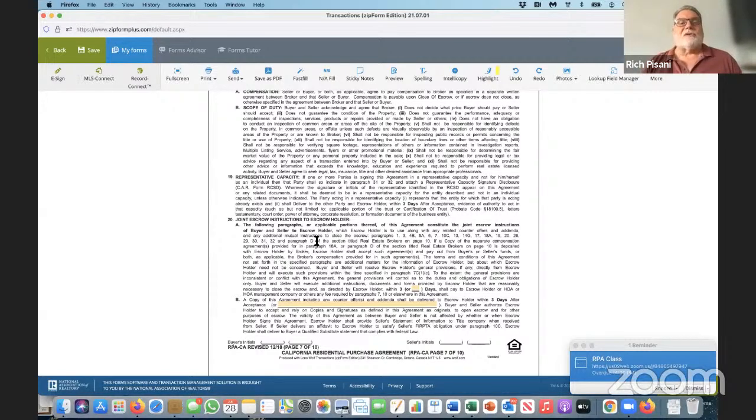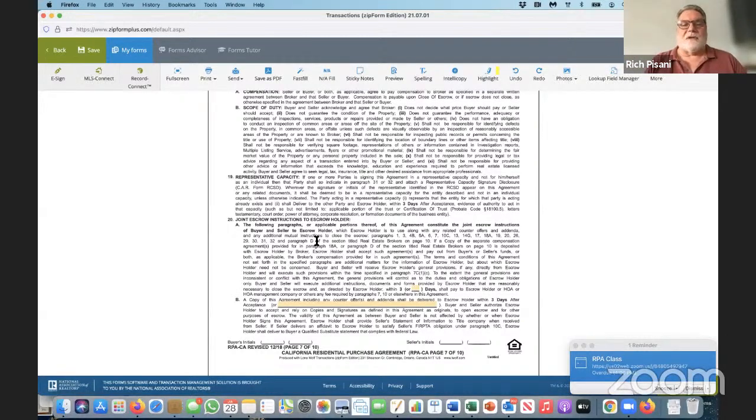And I want to make sure that you note that it may be the seller is an LLC, or the buyer is an LLC, but things should be signed as the person who is the authorized person to sign on behalf of the LLC.